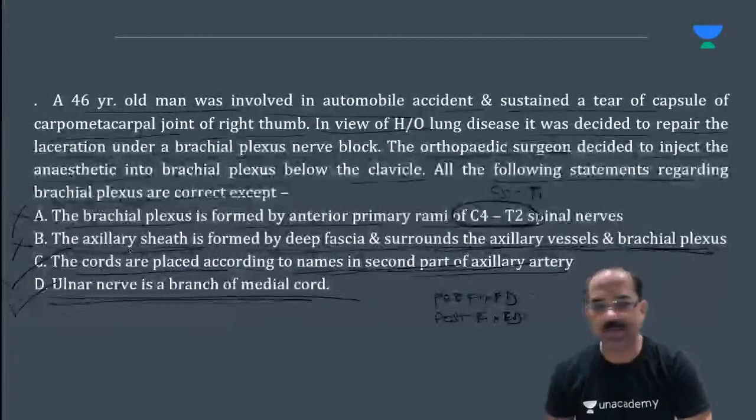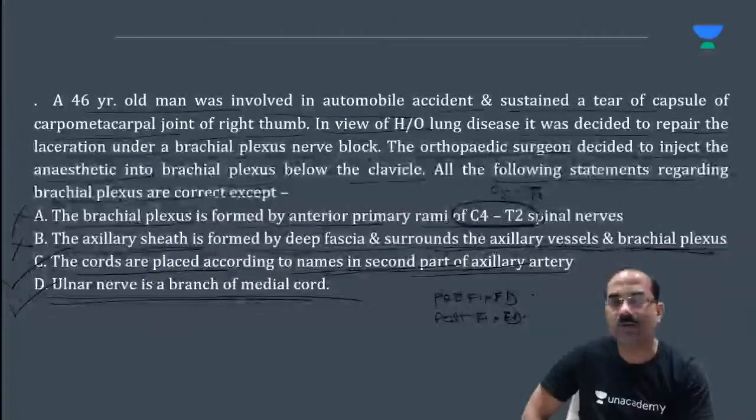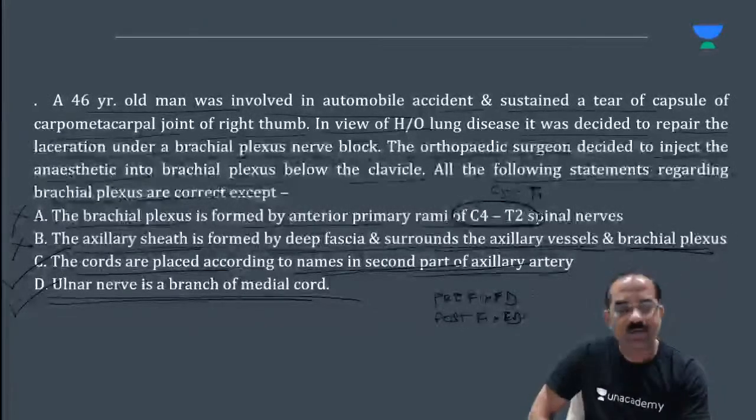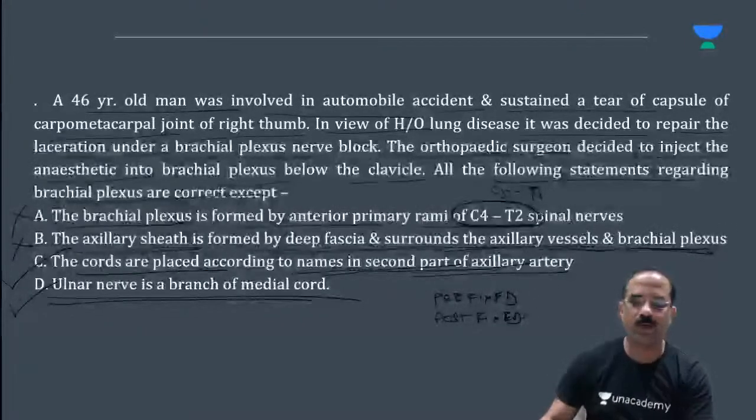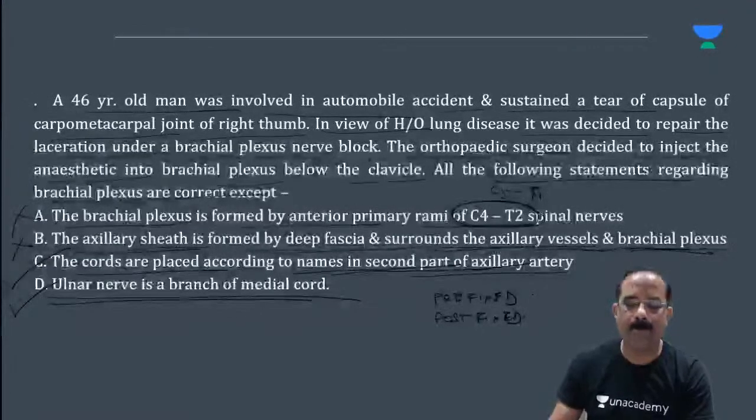Ulnar nerve is a branch of medial cord. Correct. Can anyone tell me the root value of the ulnar nerve? Can anyone tell me the root value of the medial cord? Speak up, children. What is the root value of the medial cord? Answer something.